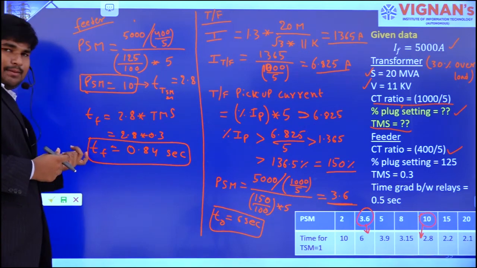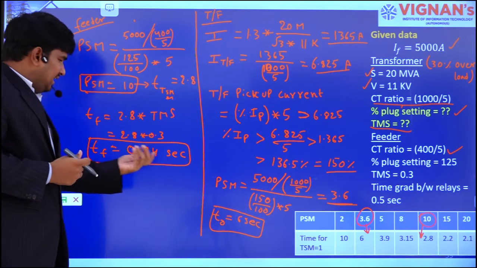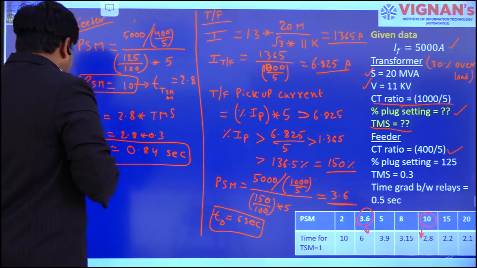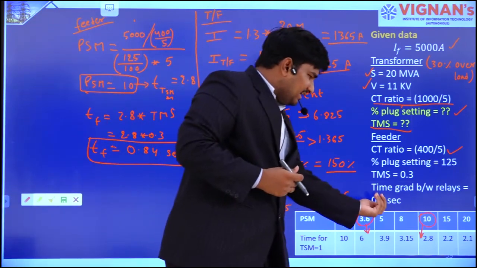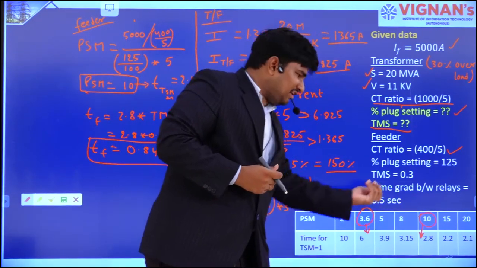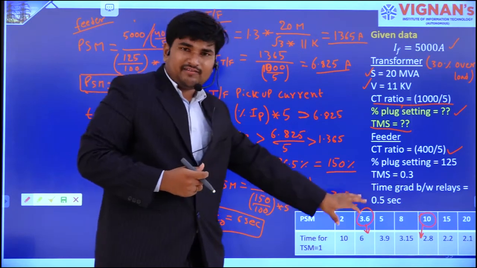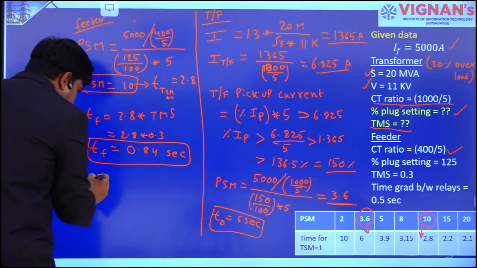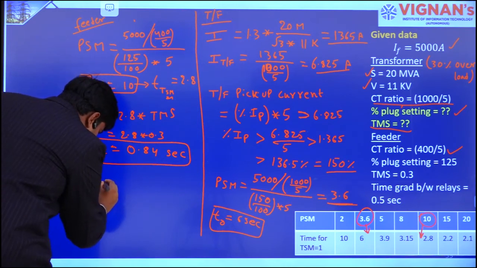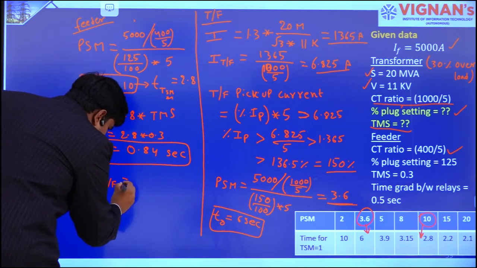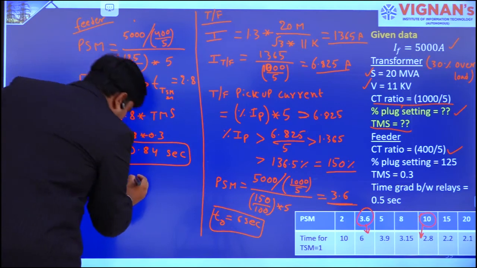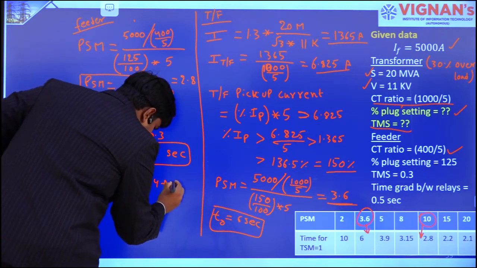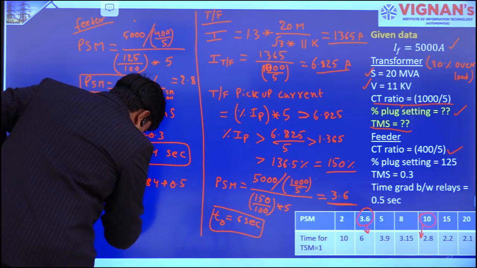The operating time of such a relay is equal to 0.84 seconds, and I have a time grade between two relays, that is 0.5 seconds. By adding this time delay, the transformer relay operating time will be equal to 0.84 plus 0.5.